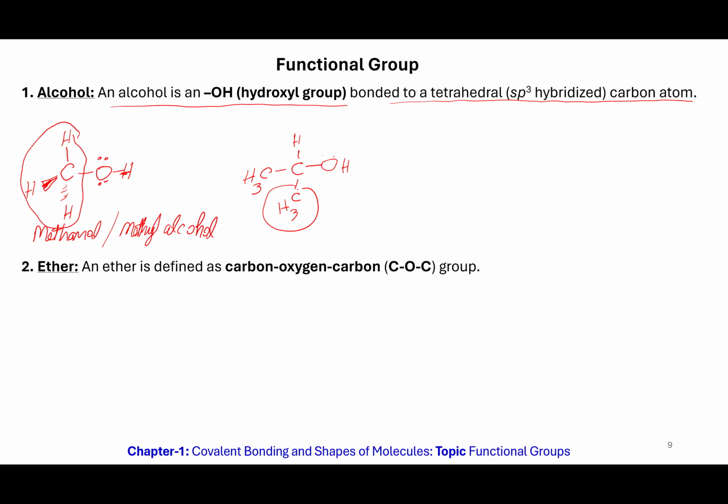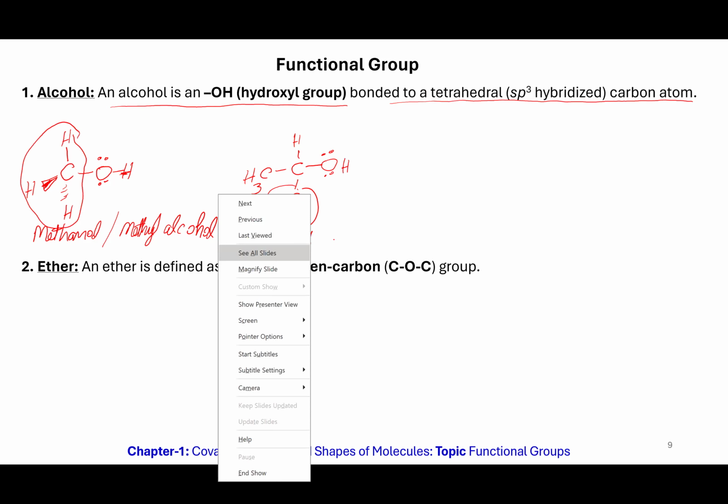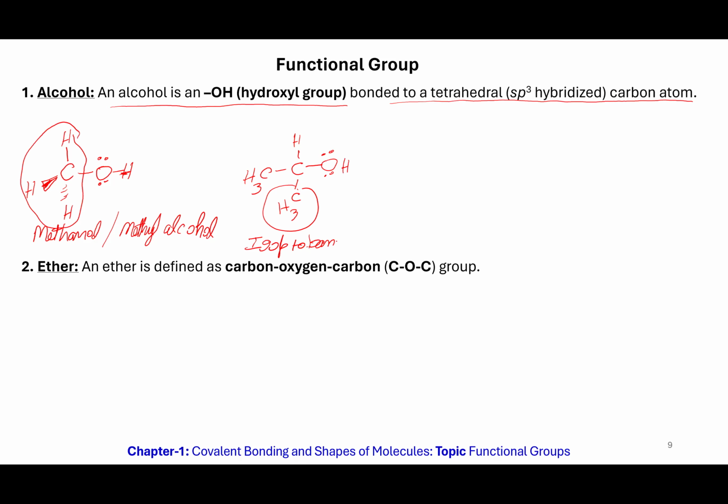So again, there will be two lone pairs on the oxygen. So this is called isopropanol, or isopropyl alcohol. This is also called IPA, isopropyl alcohol.